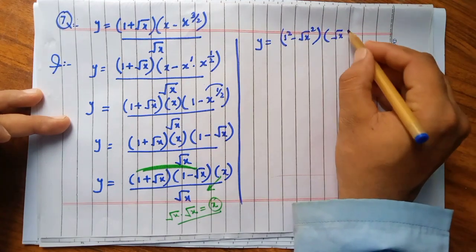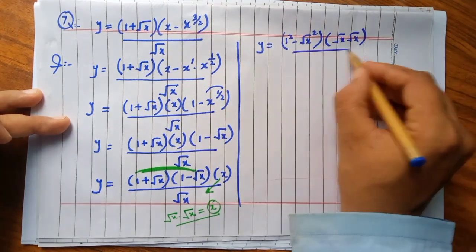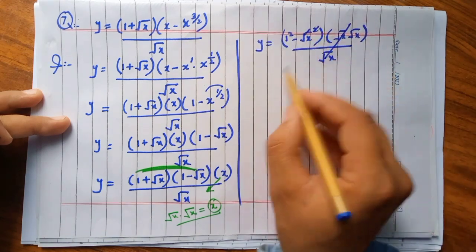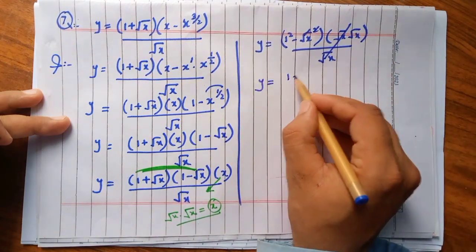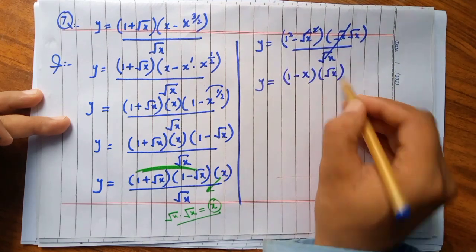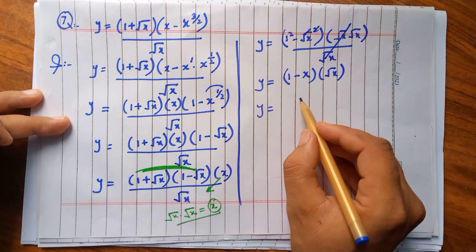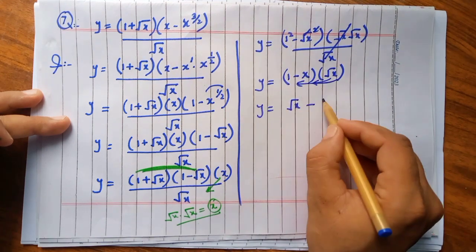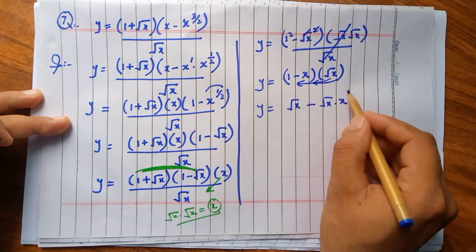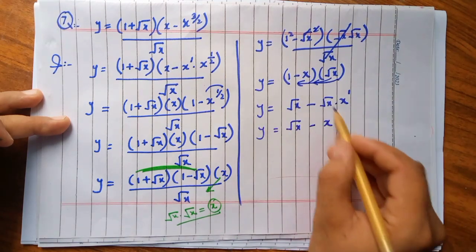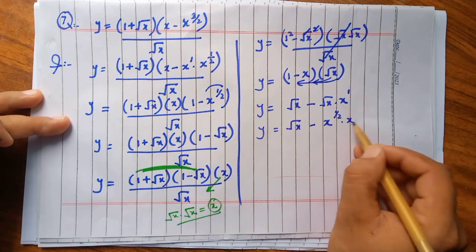So I will write square root x and square root x divided by square root x. So one square root x will be cancelled, so y will be equal to 1 minus x and square root x. So y will be equal to square root x after multiplication and minus square root x and x raised to the power 1. So this will become y is equal to square root x minus x raised to the power 1 over 2 and this is power 1.